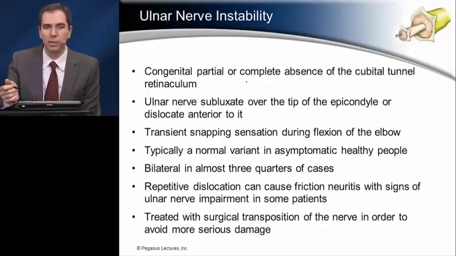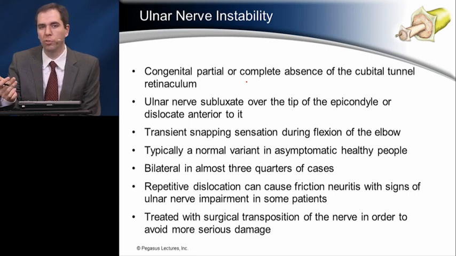Ulnar nerve instability refers to subluxation or dislocation of the ulnar nerve during elbow flexion. It can be caused by congenital, partial, or complete absence of the cubital tunnel retinaculum. That's another name for the arcuate ligament. What happens is that the ulnar nerve subluxates over the tip of the epicondyle, and in some patients will also dislocate anterior to the epicondyle.